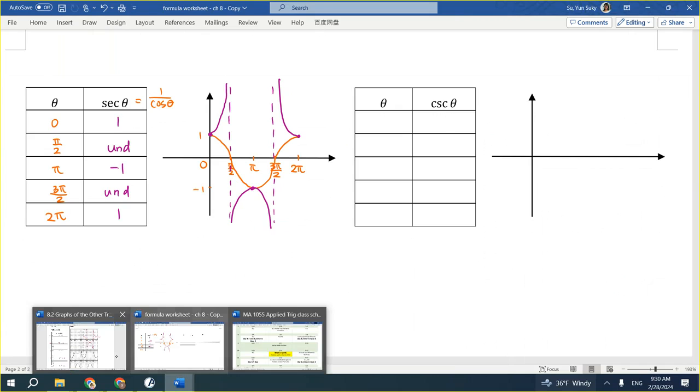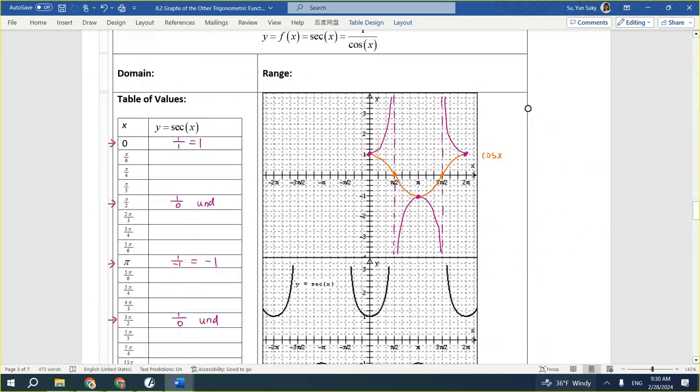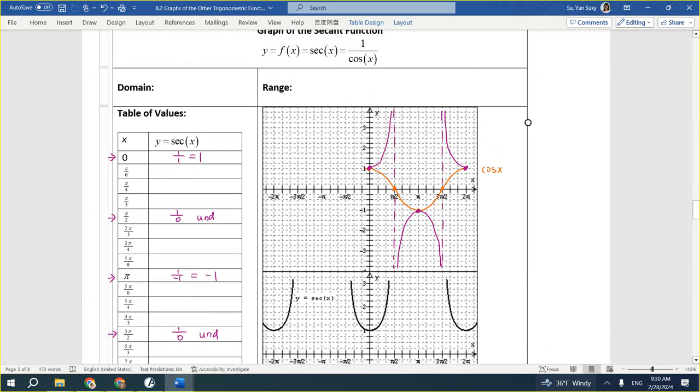So now we look at the graph and you can see what the domain is. We have vertical asymptotes. This vertical asymptote is pi over 2. And this vertical asymptote, 3 pi over 2.